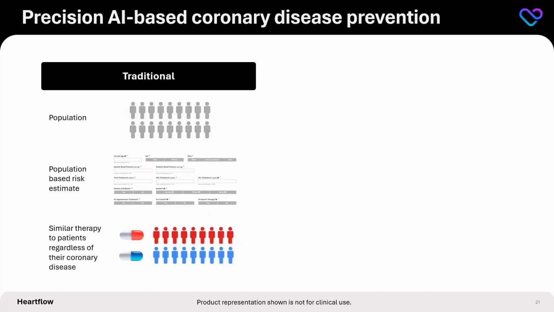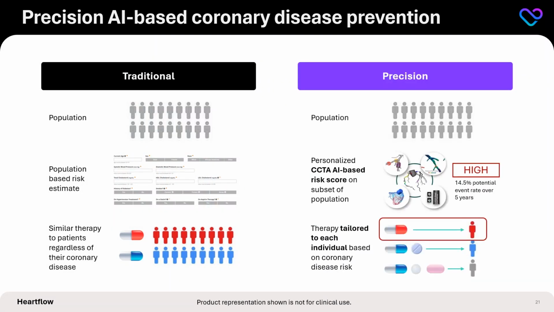And then we get to this concept of predicting risk and prevention. There's the traditional approach where you take a whole population, use population risk factors, and then sort of smear therapy across large groups of patients. We see an opportunity to shift this towards having a truly precise understanding of a patient's risk, whereby using a coronary CT and all the insights you can derive from it, having an AI prediction of the patient's risk, a singular number, like a percent risk over the coming years, and then really tailoring the therapy to that patient's individualized risk of their coronary disease.